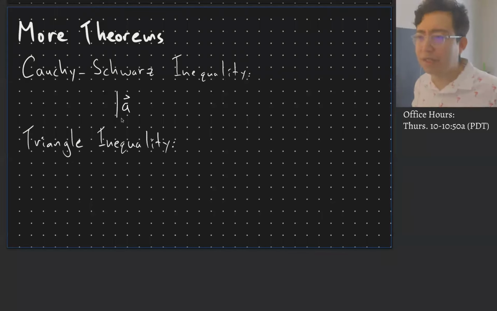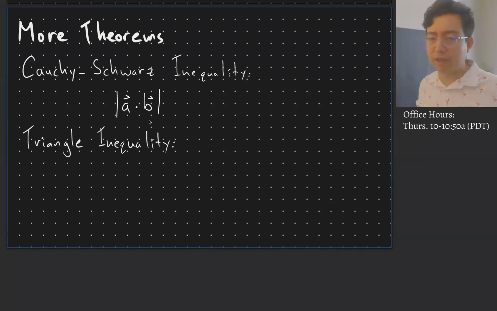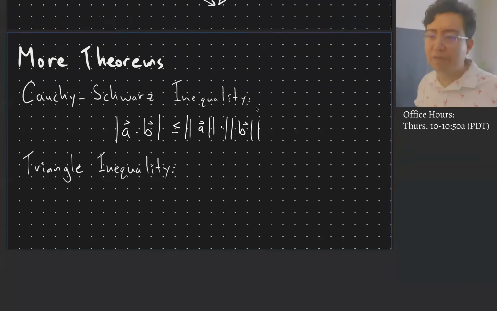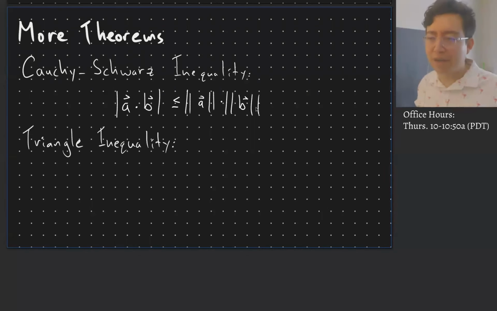So basically you get two vectors, and you can take their dot product, and their dot product would just be a number. So this is the absolute value in the sense of just a number. And this is going to be less than or equal to the product of the norms of these two vectors. And you can actually justify this using that formula about cosine of theta, right?